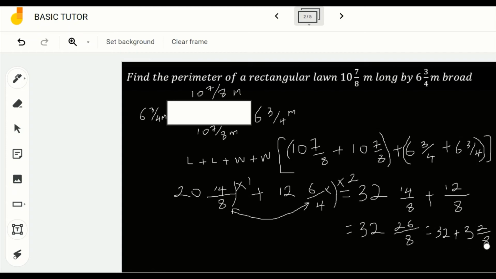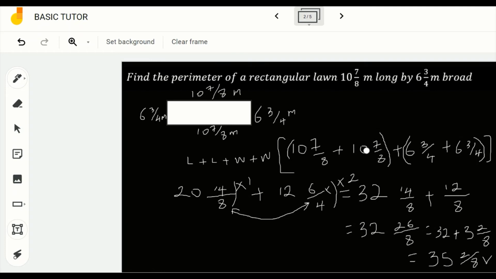If you multiply this, you get back this. So 8 times 3 is 24. 24 plus 2 is 26. So we are correct. So what next? Therefore my answer is 32 plus 3 is 35, then 2 over 8. So this is our final answer.